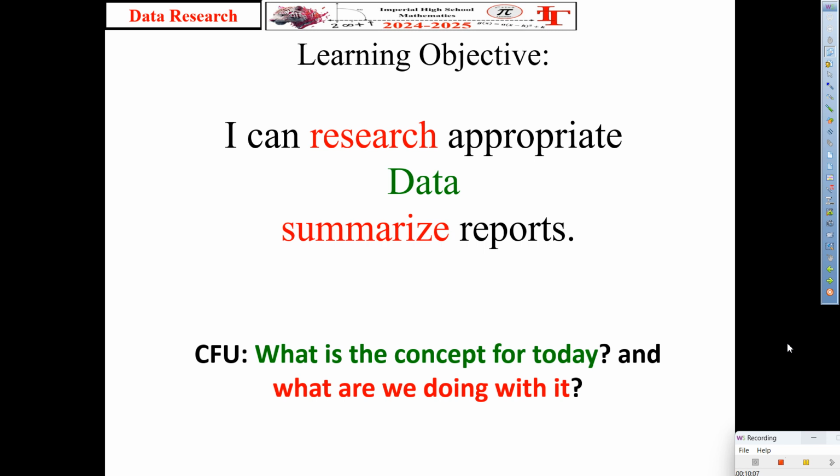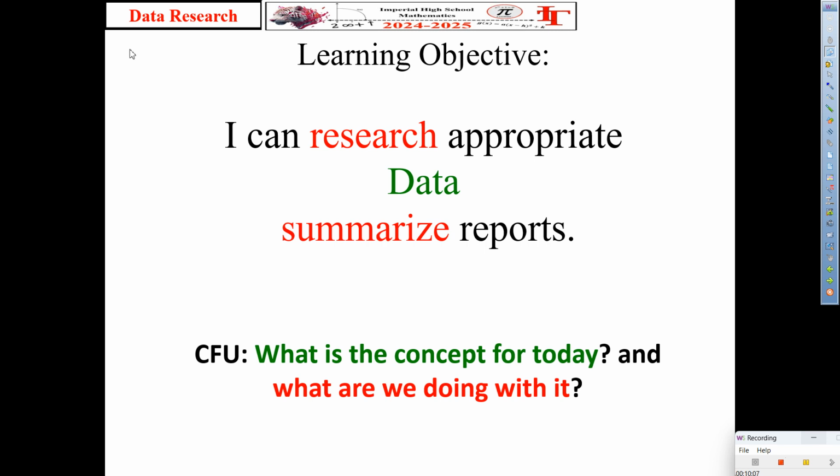All right, so here we go. I can research appropriate data and summarize reports. The reason we're going through these steps is because we're about to embark on data research and how to gather data, okay? But first, I'm trying to get you guys exposed to what goes into research and summarization of reports.